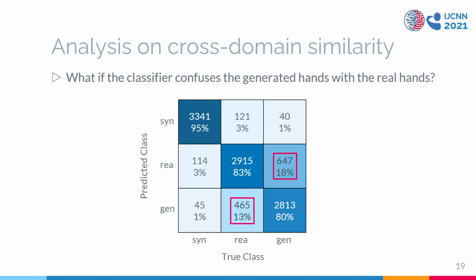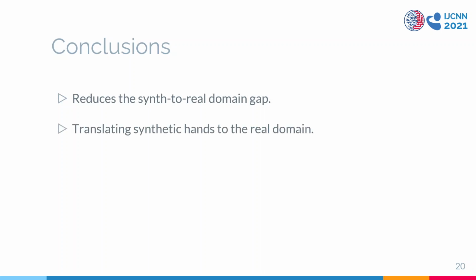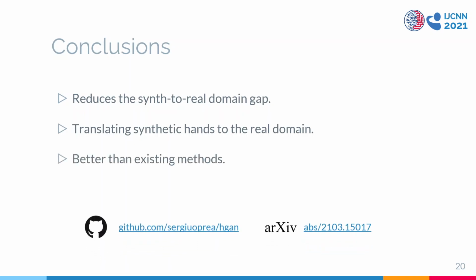This further supports that the hands we generate with our H-GAN model are close to the hands in the real domain. To sum up, H-GAN successfully bridges the gap between synthetic and real images of hands, so it can translate any synthetic dataset of hands to the real domain, better than existing methods.